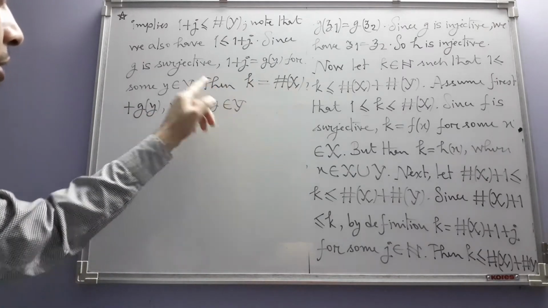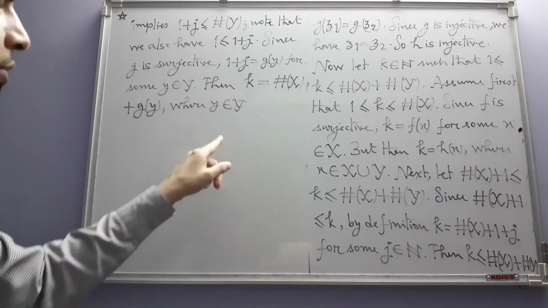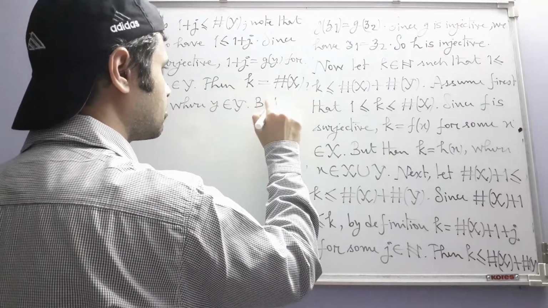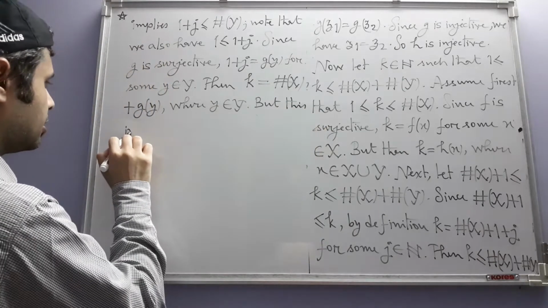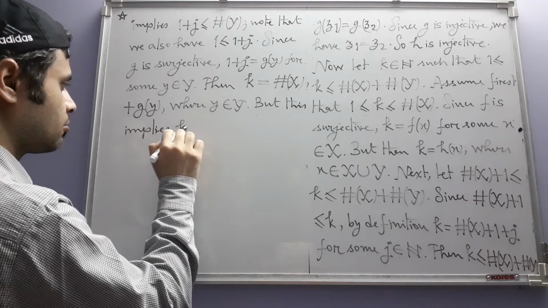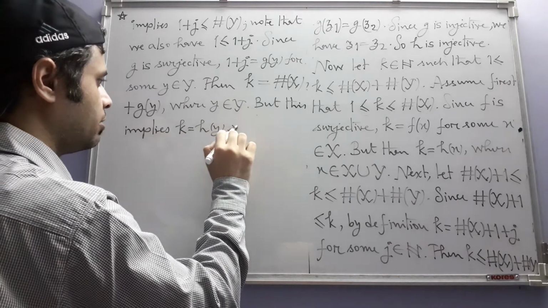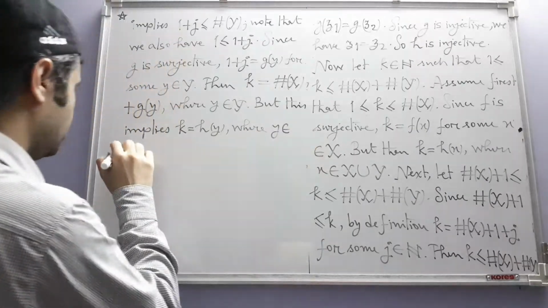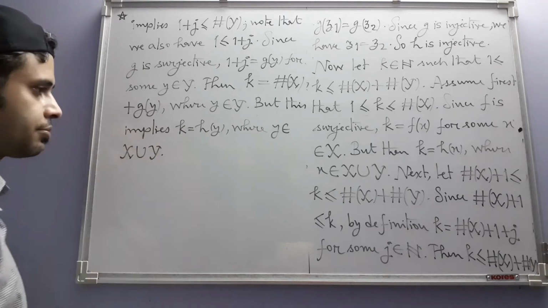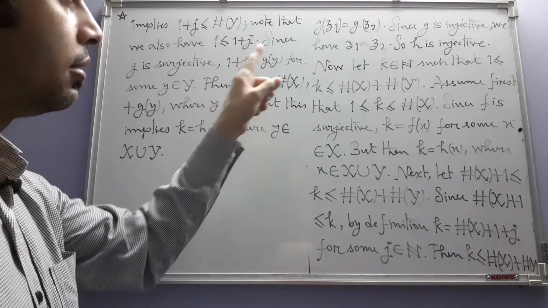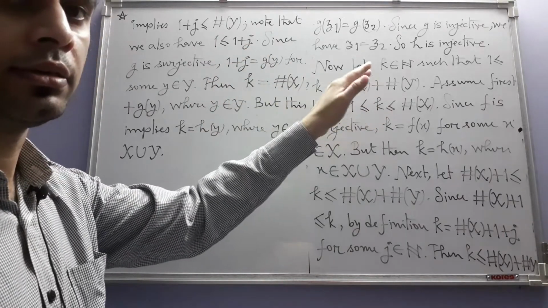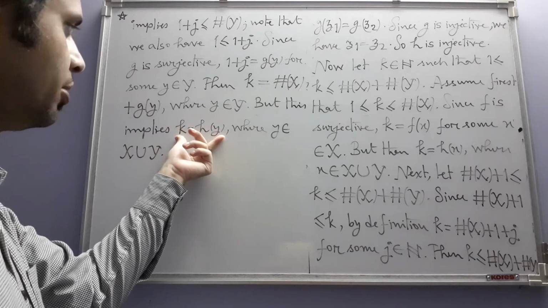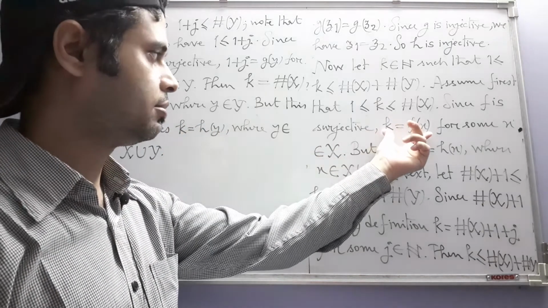Under this condition, we can write K is equal to h of y, because the point y is lying in Y. But this implies K is equal to h of y, where y definitely lies in capital Y, but after all it's also in X union Y. So in any case, we have shown that a natural number K that lies in the range of H is realizable as the H image of some element in the domain of H, either like this or like this.